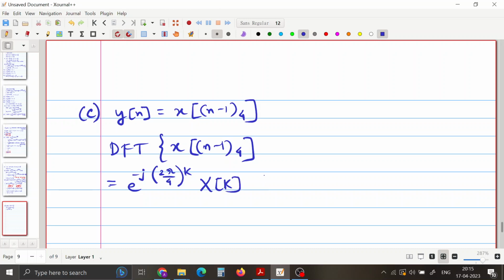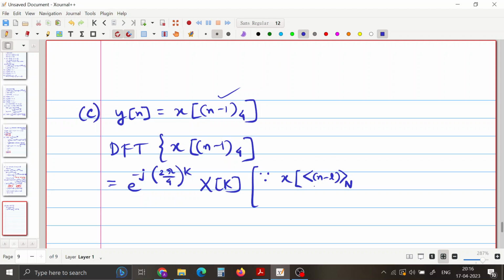Again for clarity, let me write the property. It is the same property that we are using. Here I have not used the angular brackets before the mod, so the term here implies n minus 1 mod 4.